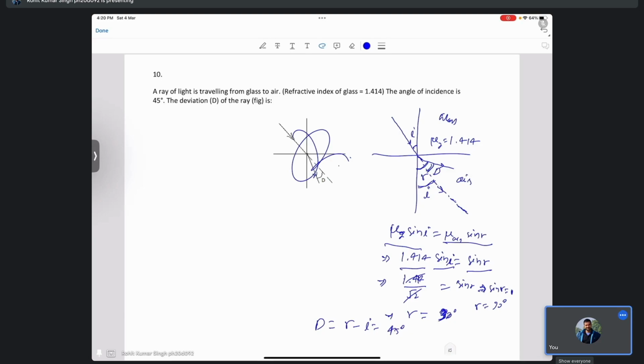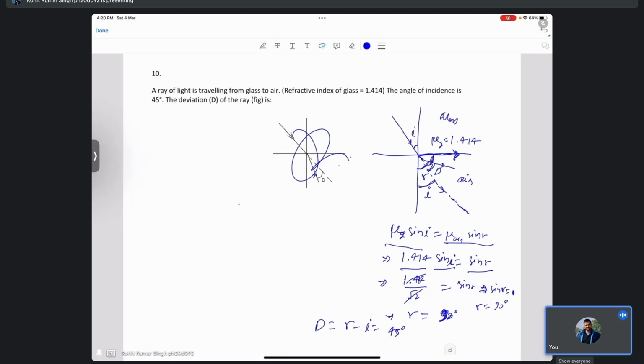So that means this angle of incidence is a critical angle, because after refraction it is going at 90 degree, right? I think there is some problem with the question, then the problem is straightforward. If you have incident light at 45 degree, it is going like this, so the deviation is simply 45 degree.